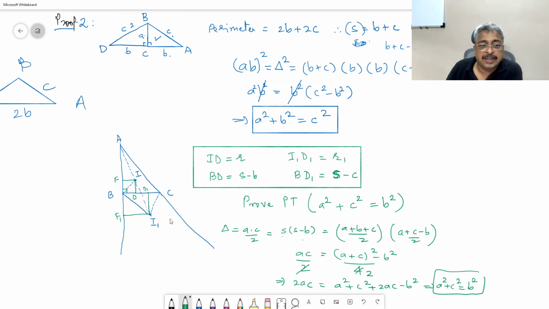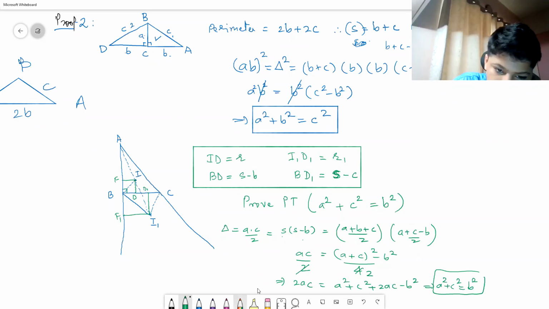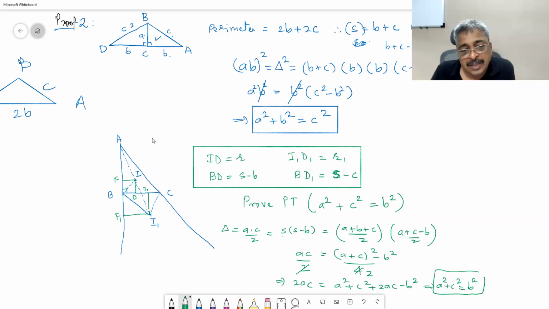Because it is square, s minus b is going to be equal to r, s minus c is going to be equal to r1, and this is the work which we have done opposite to a. We can do exactly similar work opposite to c and opposite to b, and every time you will get Pythagoras theorem, because you are measuring the same area in two different ways.